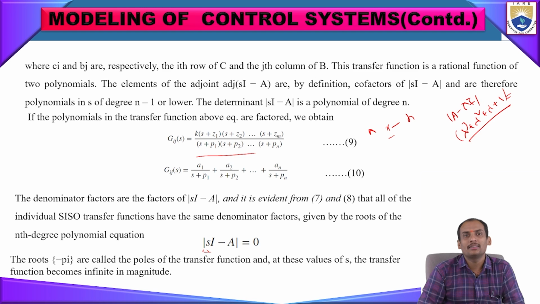Like P1, P2, P3 are called the poles of the transfer function, and at these values of S the transfer function becomes infinite in magnitude.